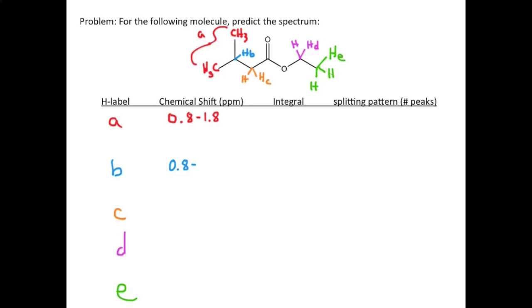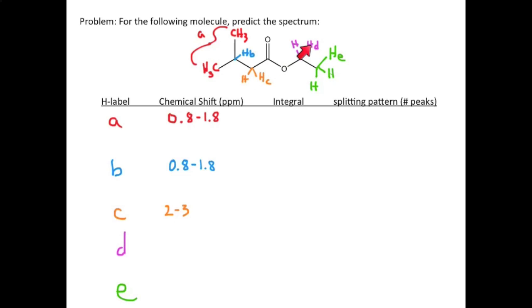That gives me a range of 0.8 to 1.8 ppm. We look at chemical shift for HC in orange, H to sp3 hybridized carbon, sp3 hybridized carbon on the left, sp2 hybridized carbon on the right. So what does that mean? A chemical shift for our signal of HC in orange will come in a range of 2 to 3 ppm.